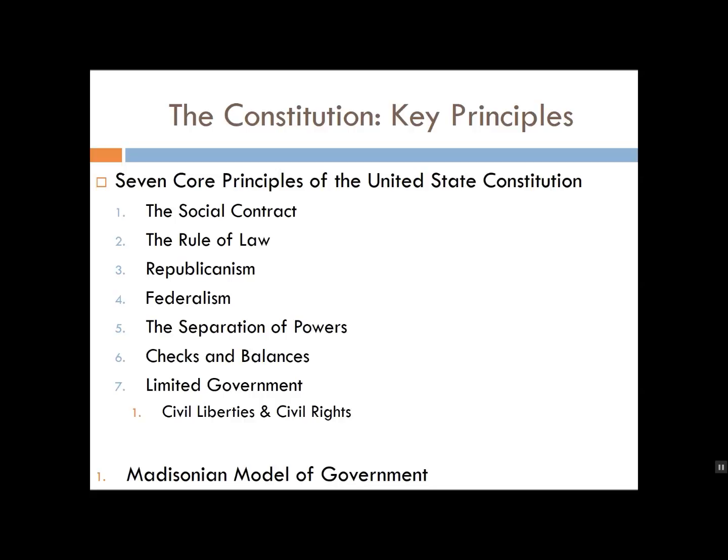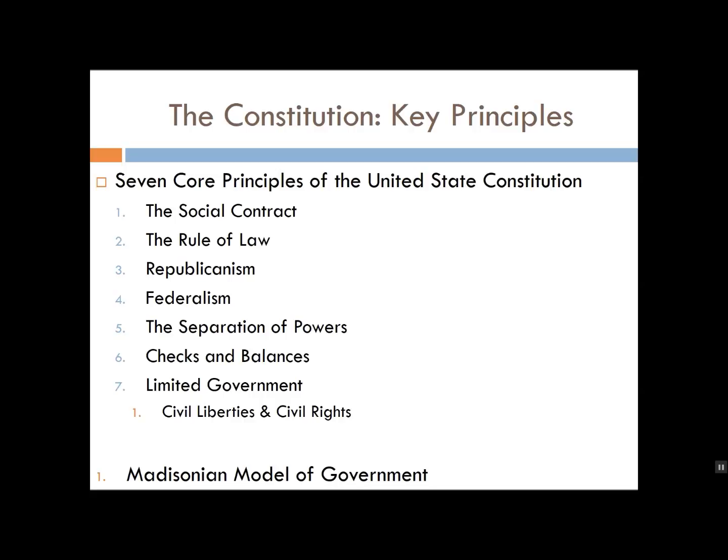But we don't want a pure, direct democracy either, because then we might have a situation where 51% of the population votes to enslave the other 49%. So we're not a pure democracy, but neither are we a tyranny. We are a republic. To summarize, then, we live under a constitutionally limited form of representative democracy known as a republic.